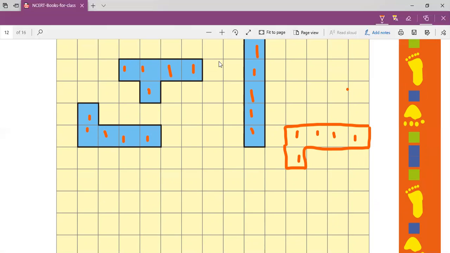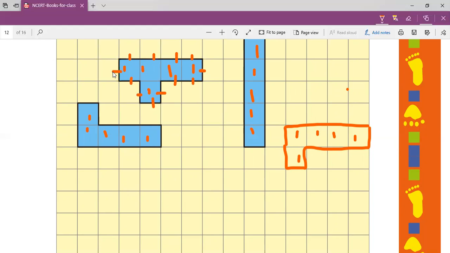So perimeter means what? Length of the boundary. So on the upper side, how many lines of the squares are there? One, two, three, four. Okay. Here, five, six, seven, eight, nine, 10, 11, and 12.